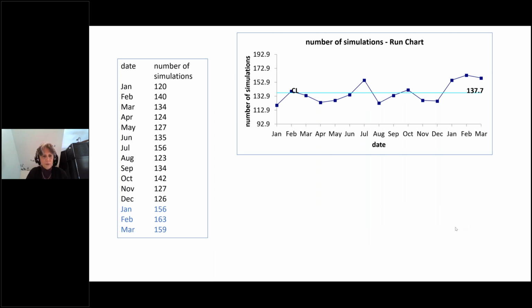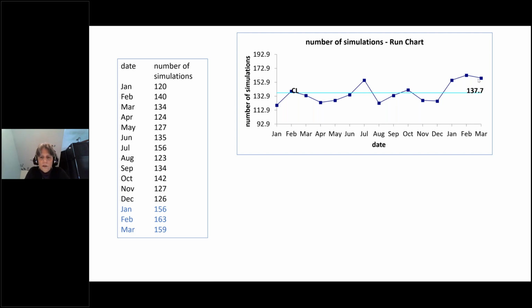So here's another example. What I did was I made a chart of the number of simulations from a hypothetical simulation center. And what happened in the 2nd January is we added some staff, and so we were able to perform more simulations. So it's pretty easy to tell on the run chart that we've improved the total number of simulations that we're accomplishing per month.